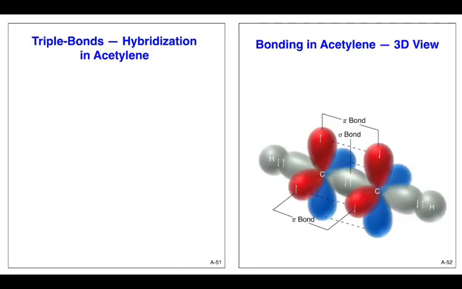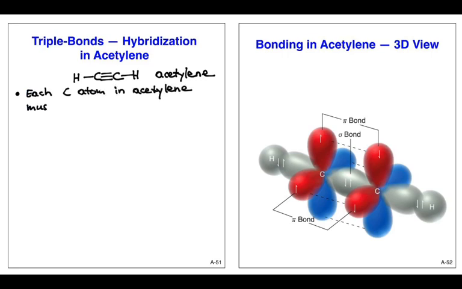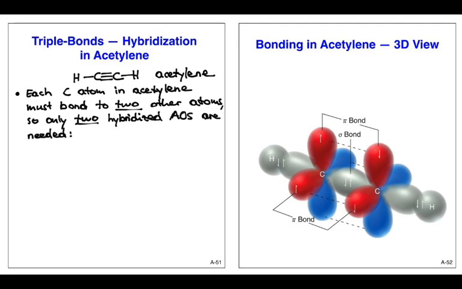So we can apply the same concept to hybridization in acetylene, which has a triple bond. So this is acetylene. Here we see that each carbon atom forms two equivalent bonds, binds to two atoms, and so we must only generate two hybridized orbitals. We do that again with our orbital diagram.